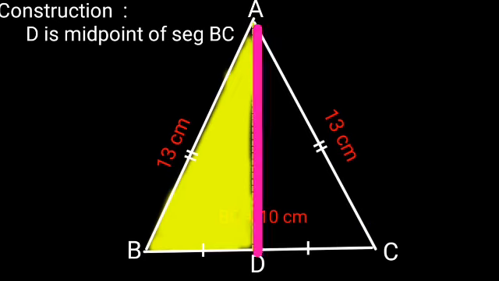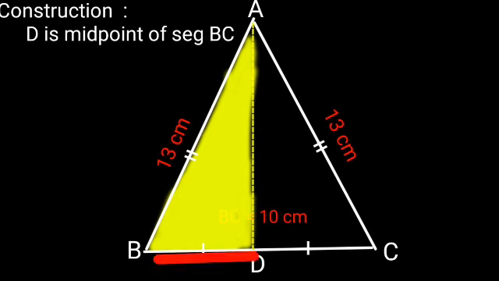Segment AD in both triangles is common, and segment BD is equal to segment DC because D is the midpoint of BC. Hence both triangles are congruent to each other by the SSS test.